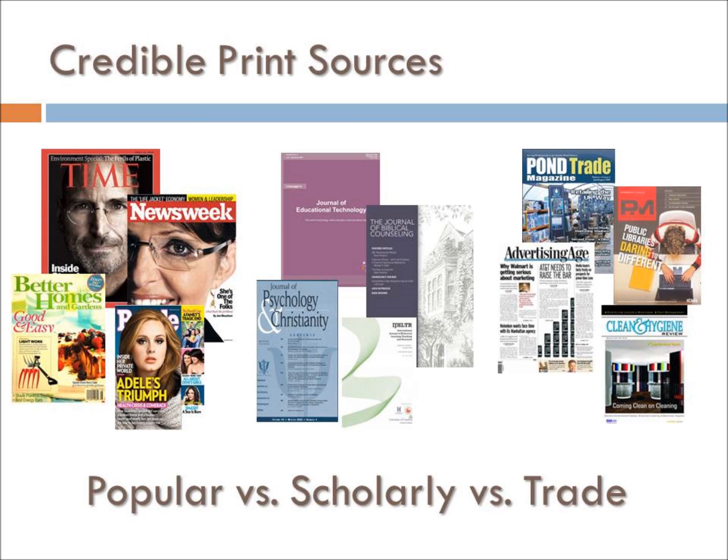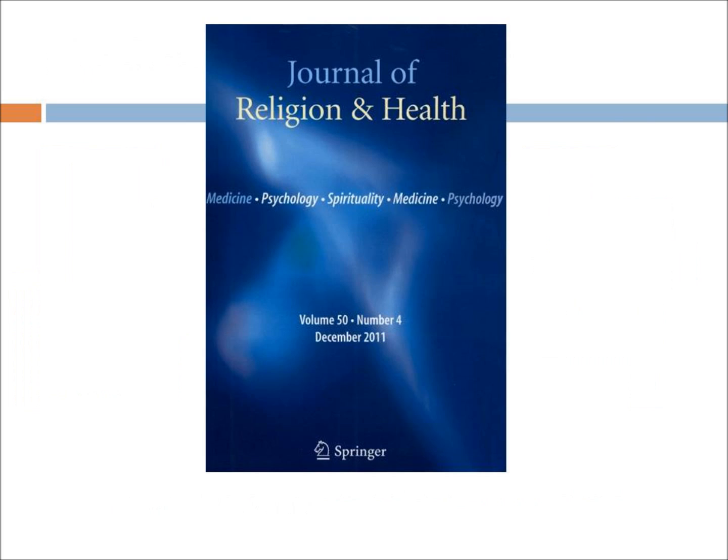The last group there are trade magazines, and they are geared specifically towards different trades. As you can see in the example, we have Advertising Age that is geared towards the advertising industry. Clean and Hygiene is a janitorial service magazine. So these are specific to an industry.